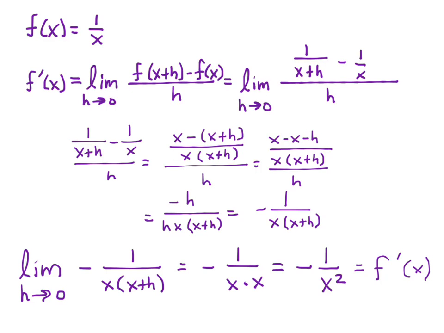Now what I'm doing is I'm taking that out of my limit expression, and so I'm just manipulating this expression here. I'm going to take a common denominator, so now notice I have an x here and an x plus h, so my common denominator is the product of the two. And so I have negative 1 times x plus h and then 1 times x.